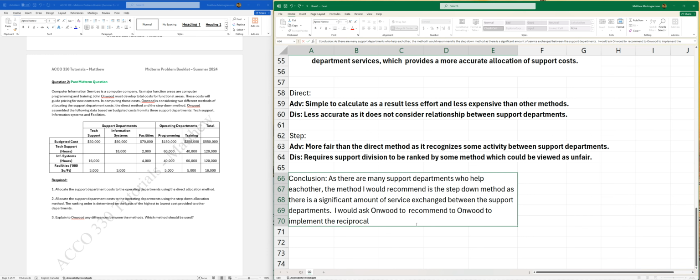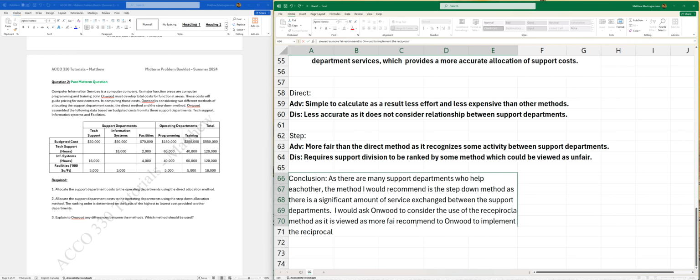I'd ask Onwood to consider the use of the reciprocal method as it is viewed as more fair than the step-down method, as it fully recognizes the interactivity between support departments.